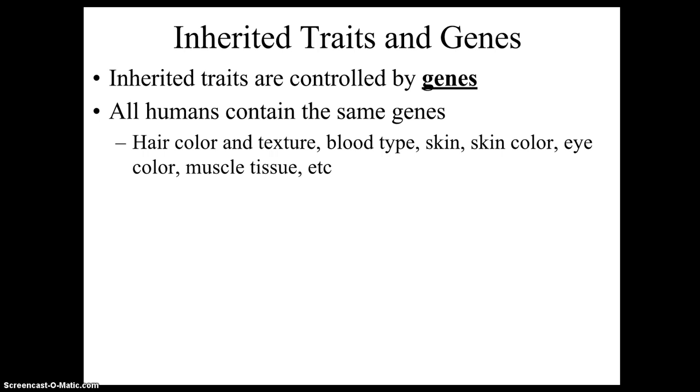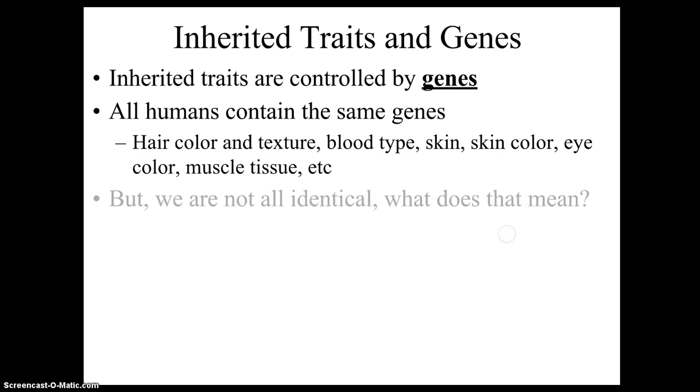So here's some examples of the same kinds of genes that you and me and everybody in the room and every human all has. We all have genes for all of these things. But we're not all identical. So that must mean that there's different kinds of hair color genes, and different kinds of blood type genes, and different types of skin color and eye color and bone structure and everything else.